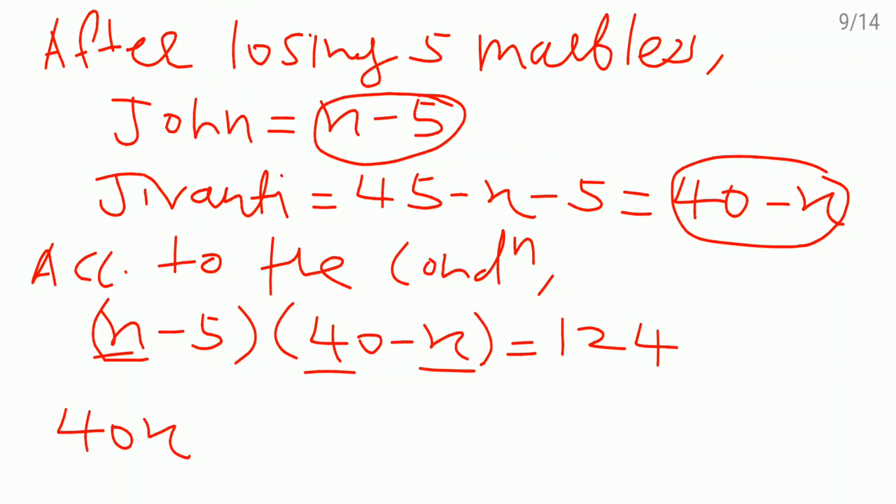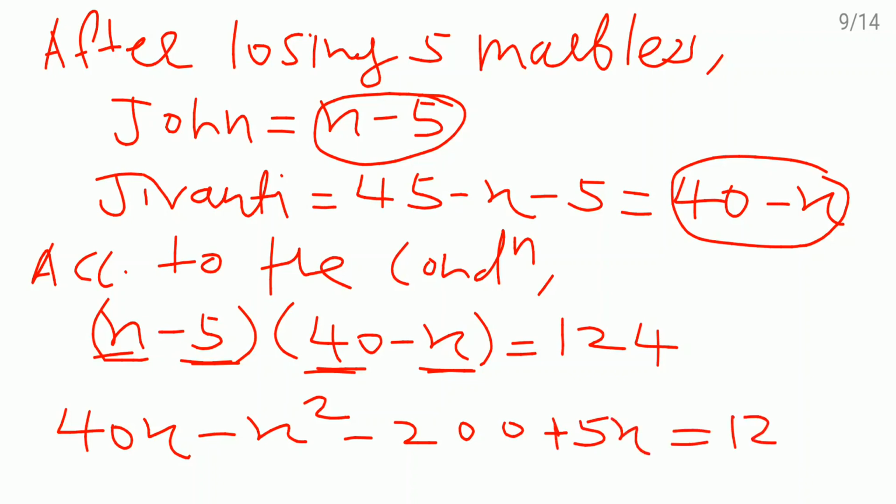X into minus X is minus X square. Minus 5 into 40 is minus 200. And minus 5 into minus X is plus 5X. So it is plus 5X, which is equal to 124.